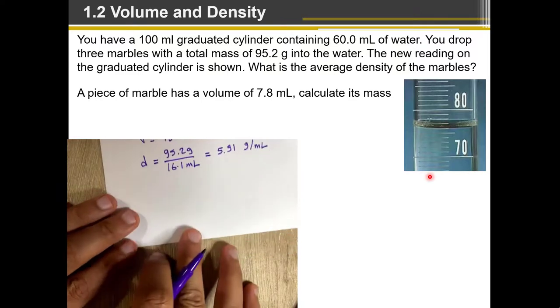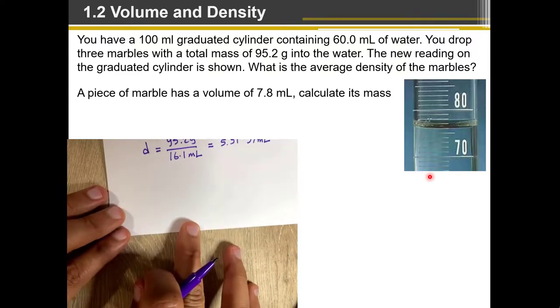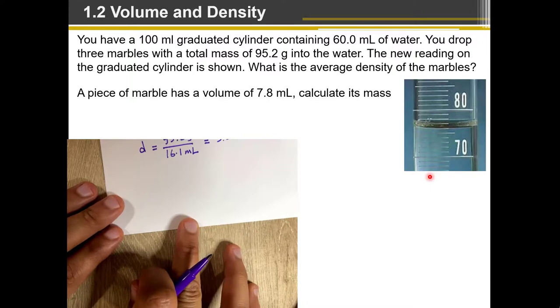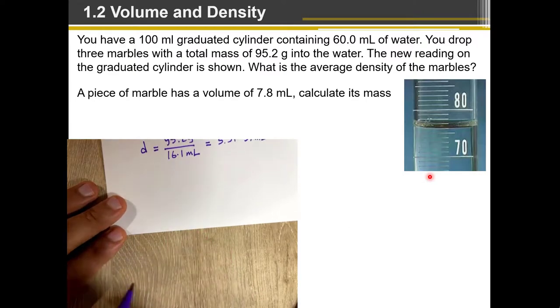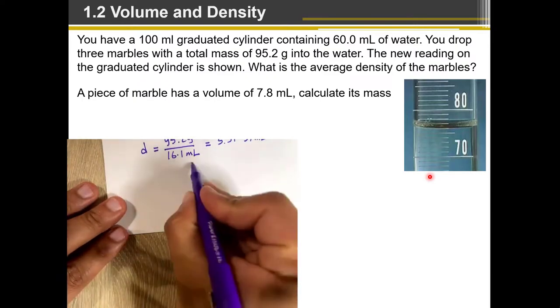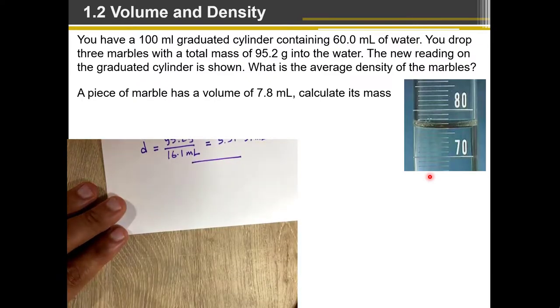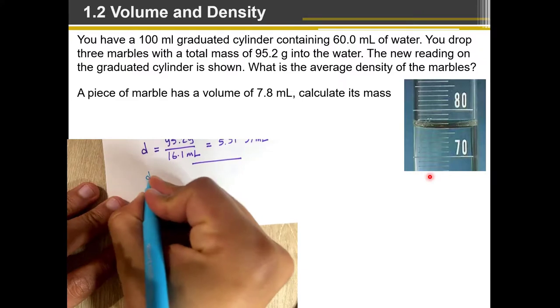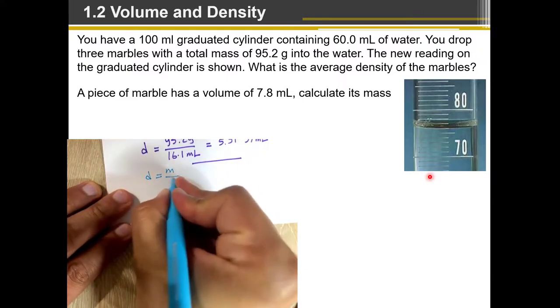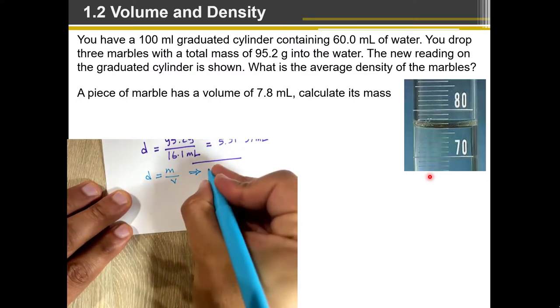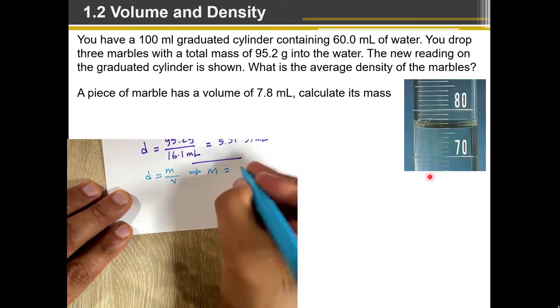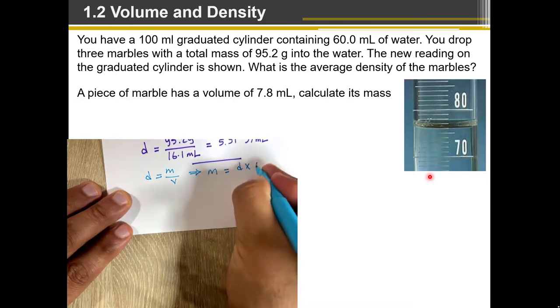With that calculated density, we can answer the second part of the question, which asks about the mass of a single piece of marble with that density, given that the volume equals 7.8 milliliters. Density equals mass divided by volume, so the mass is going to equal density times volume.